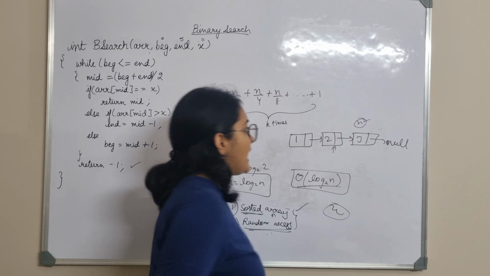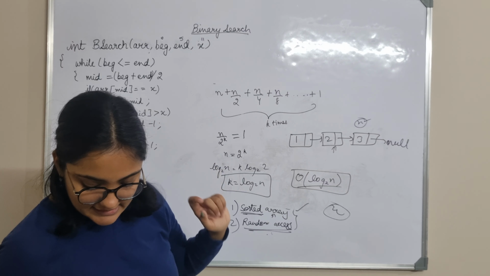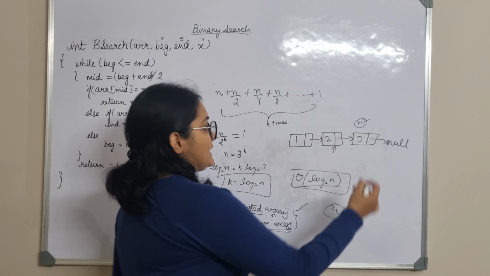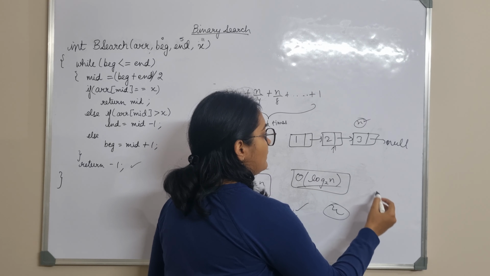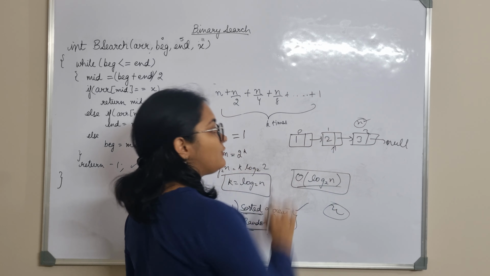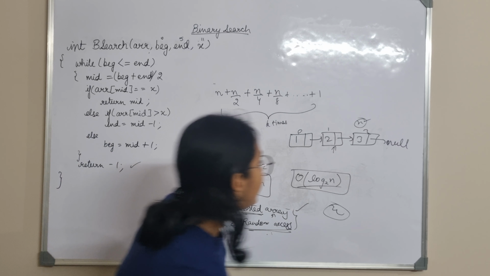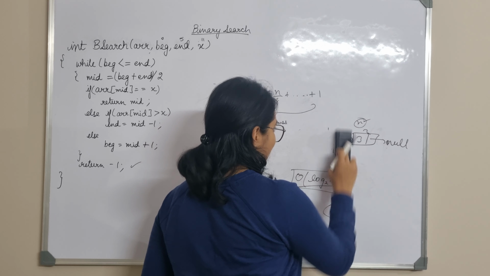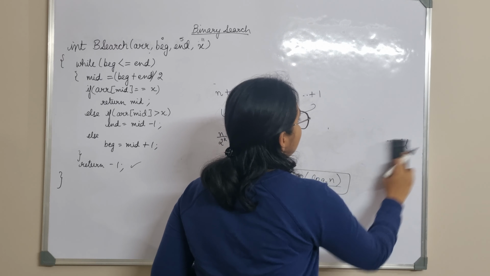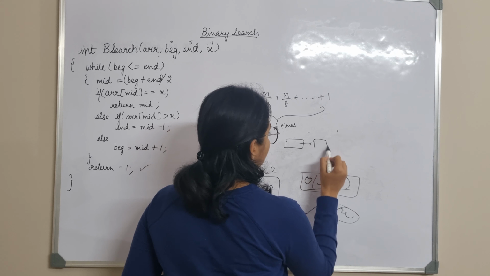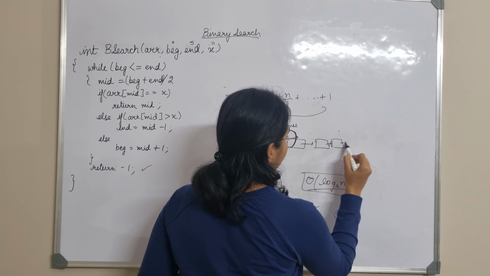We know n. And then we say beginning plus end, beginning plus n by 2, we do. Let's say we are trying to access this element, right? Here it is a very small list, so the middle element can be accessed in constant time. But let's say we have 10 elements: 1, 2, 3, 4.